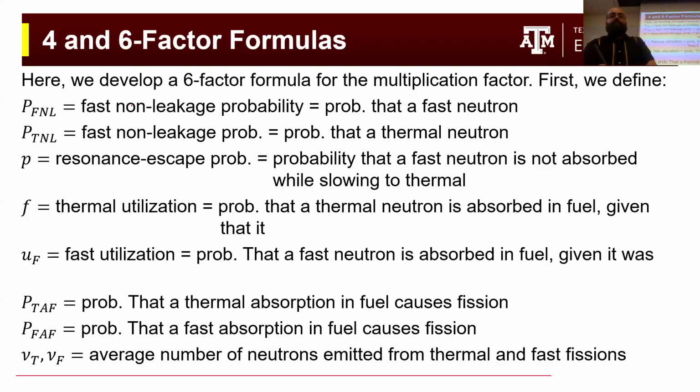The FNL stands for the fast non-leakage probability. It's a probability that a fast neutron doesn't leak. Similarly, PTNL is the, oh, that's supposed to be thermal.